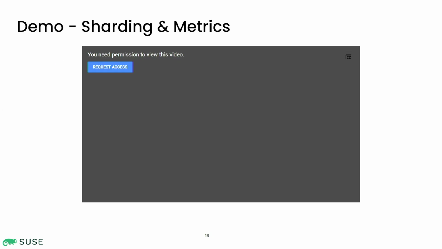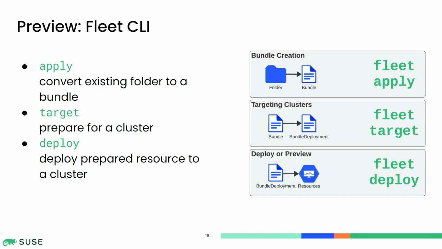Right, there's sharding and metrics, and this is another thing that's more like a preview: the Fleet CLI grew a little bit, so we added 2 more subcommands. Fleet apply is old, and it is basically used to convert what you have in a folder to a bundle, so you can actually run this locally on your machine to see what would happen.